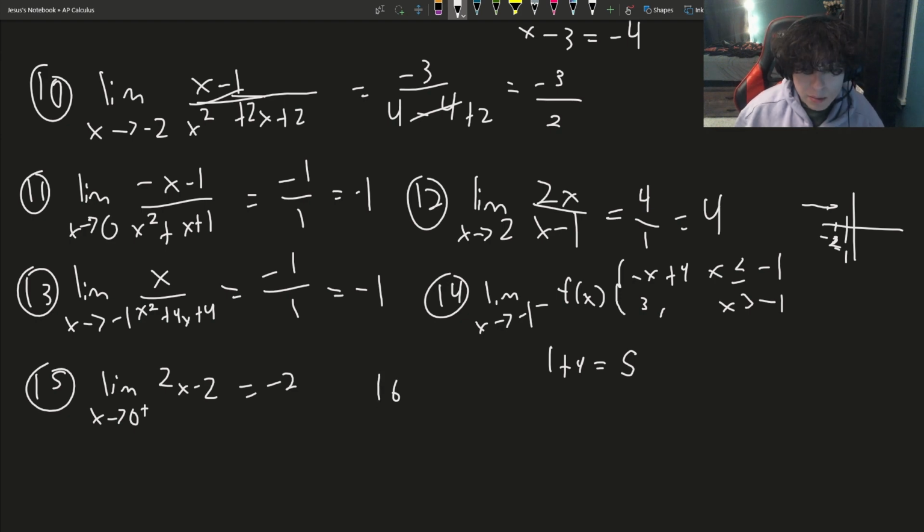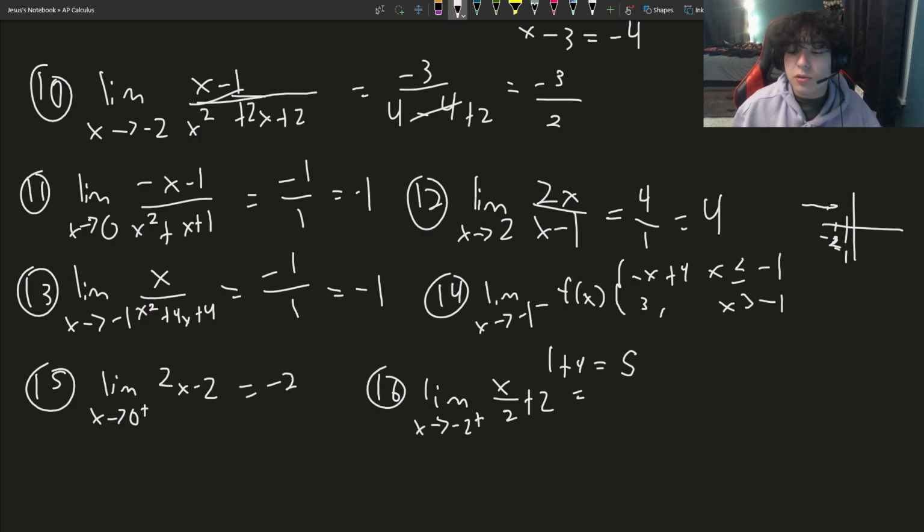And we have number 16, which is the limit as x approaches -2 from the right of x over 2 plus 2. You can just plug it in again. -2 over 2 is -1 plus 2, which is just 1.